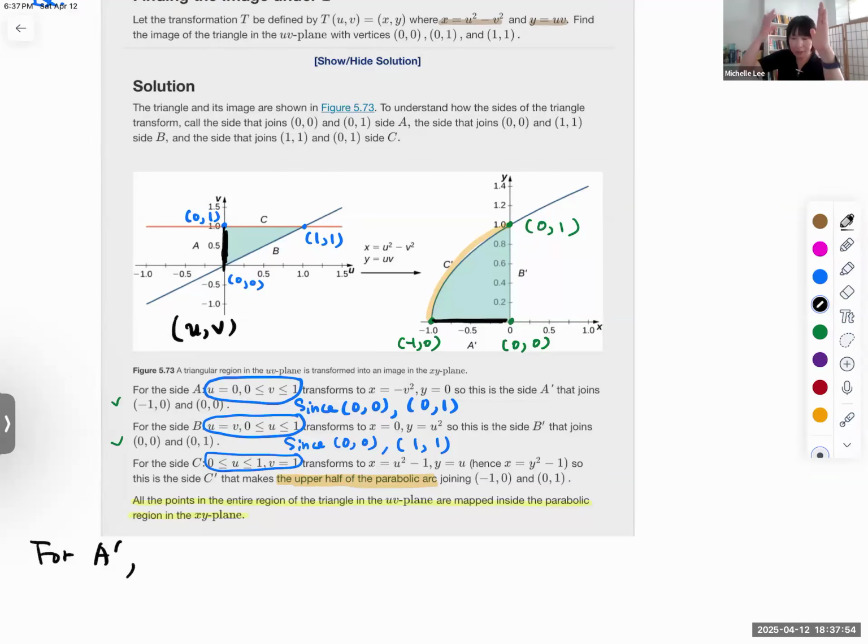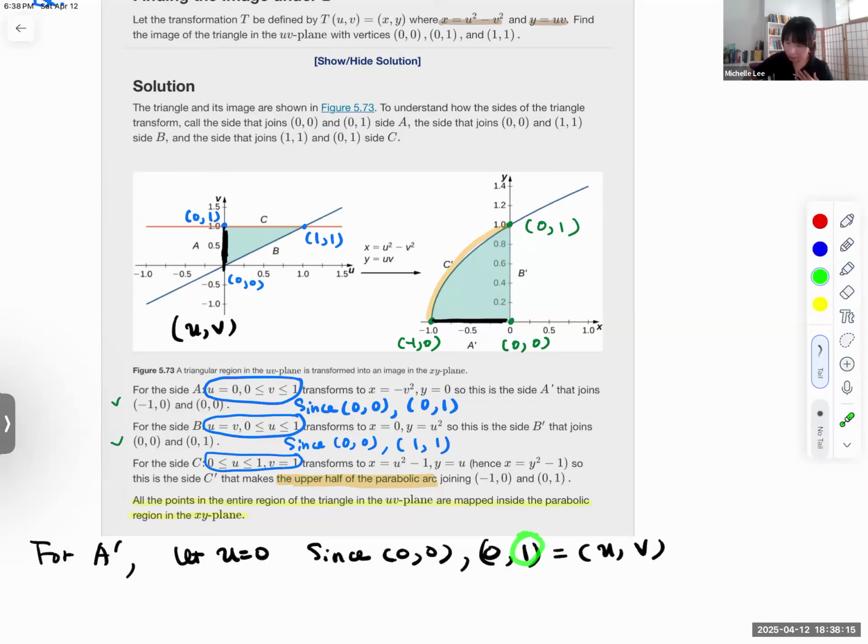Since we have (0,0) and (0,1), we can let u equal 0. Then only v has a different value, between 0 and 1. That's what they have here: v is between 0 and 1.